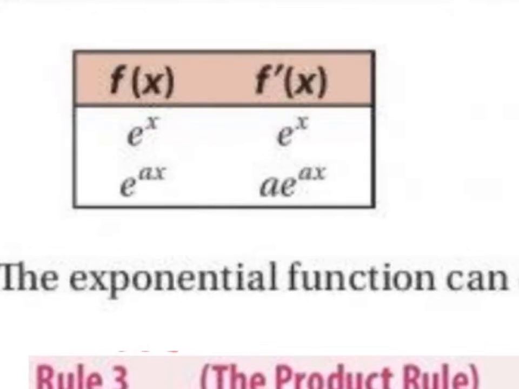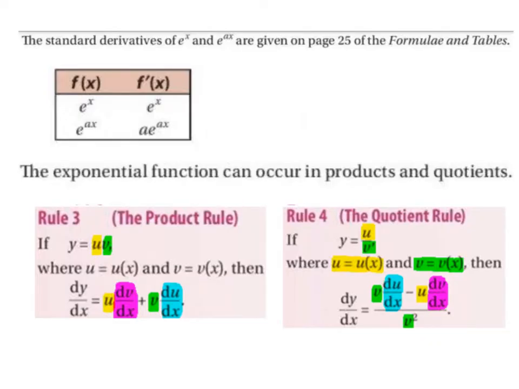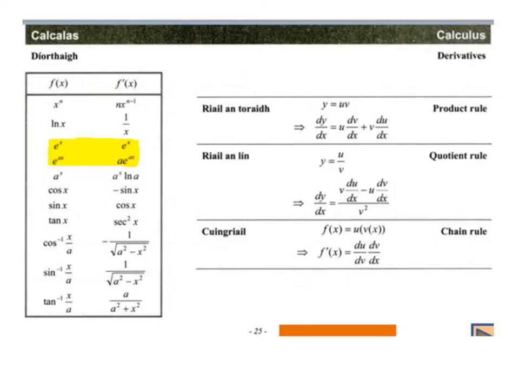So we bring whatever is stuck on in front of the power down in front of the e. The exponential function can occur in products and quotients. So here we have the product rule and the quotient rule. So here we have page 25 of the formula book, and here we have our two exponential formulas.